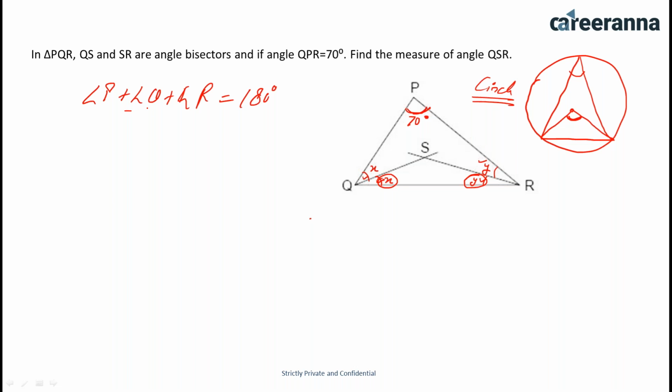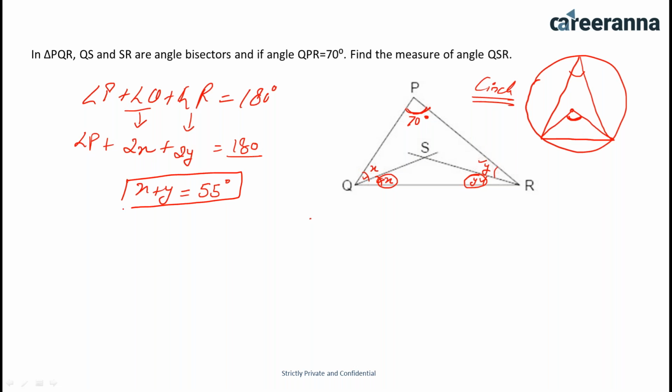So you can say that angle Q is 2x, and angle R is 2y. Taking the sum, angle P plus 2x plus 2y is equal to 180 degrees. If you subtract, you can say that x plus y is going to be 55 degrees, because 180 minus 70 is 110, and when you divide it by 2, you get the relation between angle x and angle y.